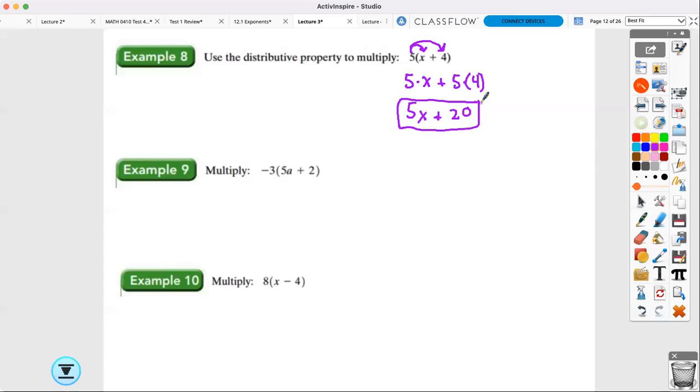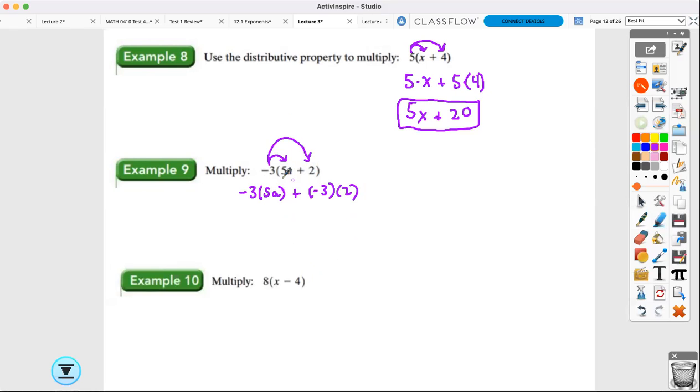Example 9. Multiply -3 parentheses 5a plus 2. So we're going to be distributing the -3 right here to the 5a and then -3 to the 2. So how would that look, right? It's going to be -3 times 5a plus -3 times 2.